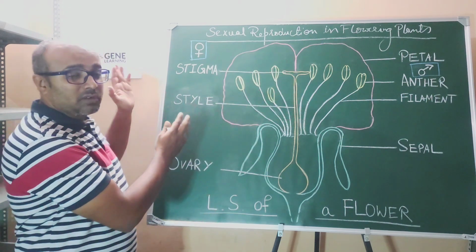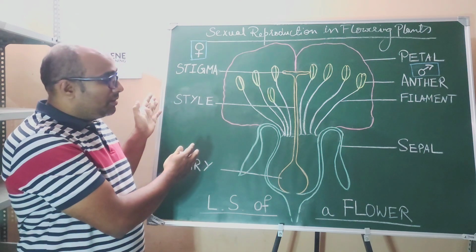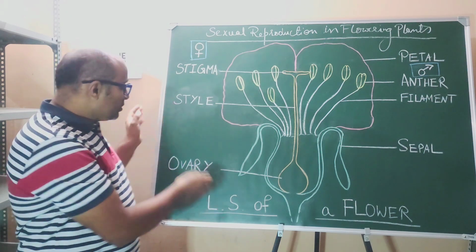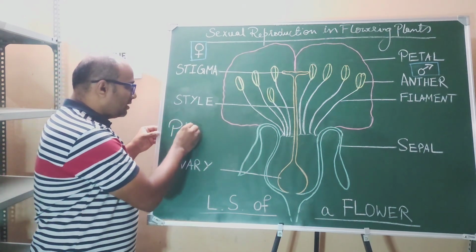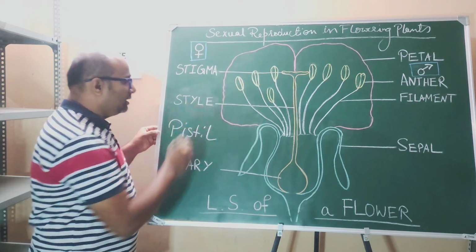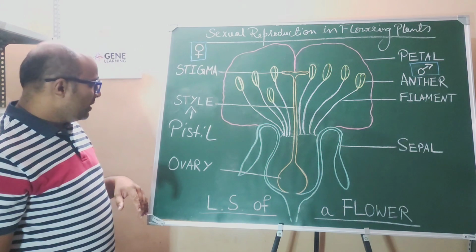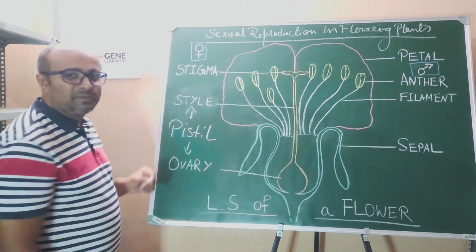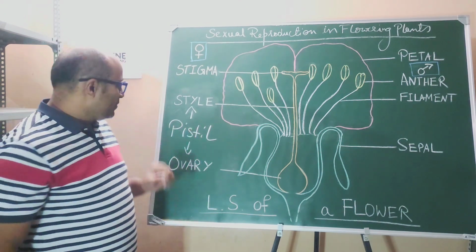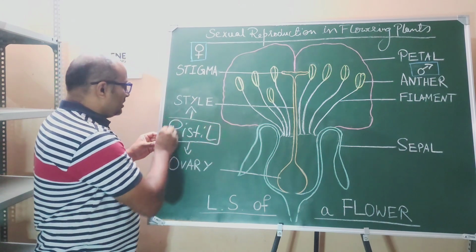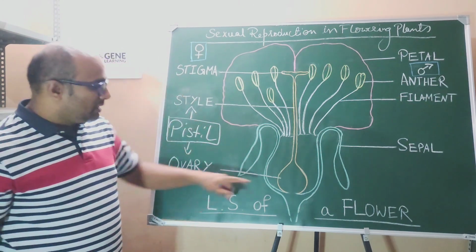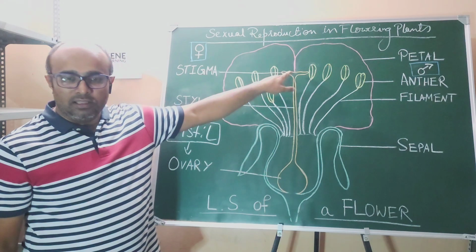Now, the female structure of a flower is called the pistil, and these are the structures. So, what are the different parts of this pistil? Now, this is the pistil.